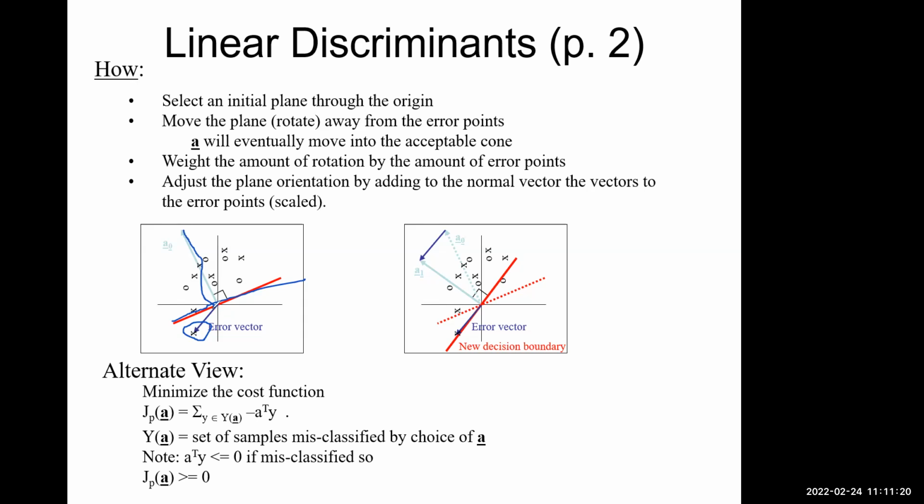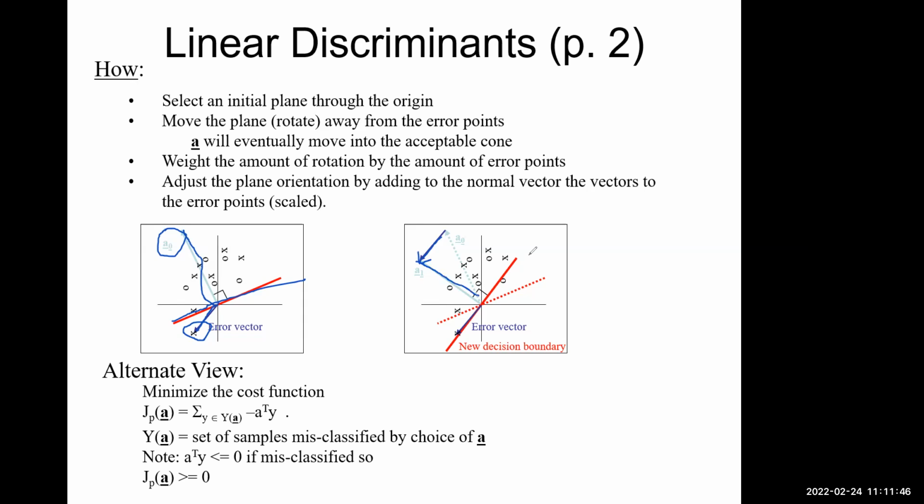So with that, there's an error vector. And we can take that error vector and add a portion of that vector to our existing normal vector.